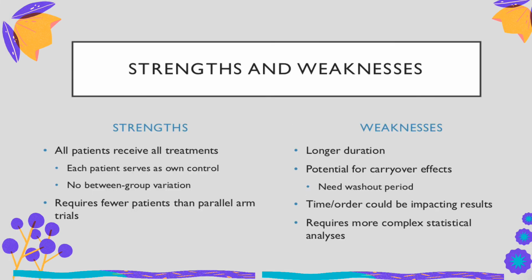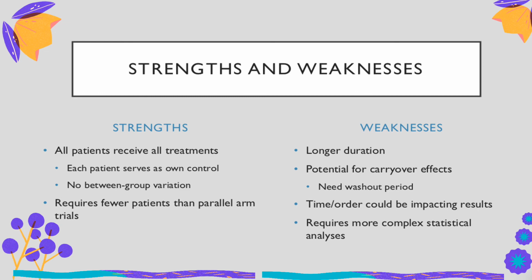Strengths and weaknesses of crossover trial. For the strength, all patients receive all treatments. So each patient serves as own control and there is no between group variation, which is advantageous compared to the first two types of RCT.